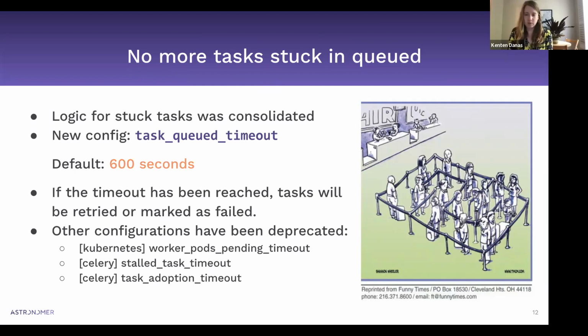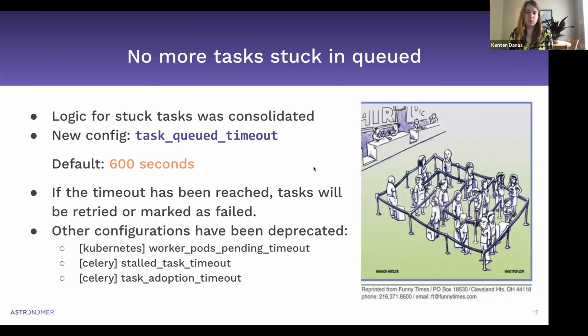This is a really common issue in all orchestrators, Airflow included, and it can be really difficult to debug and fix. But Airflow had a couple of releases that made a lot of progress on this, and then in 2.6 did a big update to consolidate a lot of the logic for stuck tasks, which will basically mean that you won't ever have tasks stuck in queued.